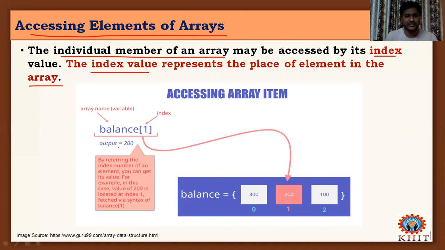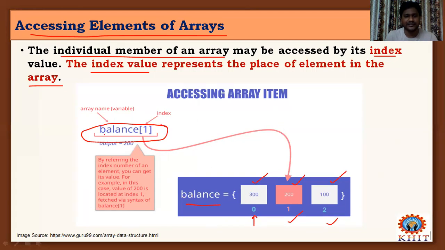Consider this as an array which has some elements: first element, second element, and third element. And the indexes start from 0, then 1 and 2. Here is the example for accessing an array item. An array item is nothing but one of the values of this array.